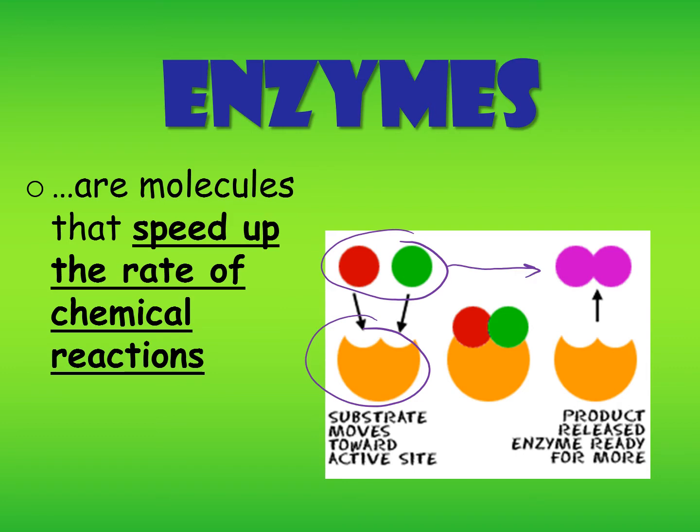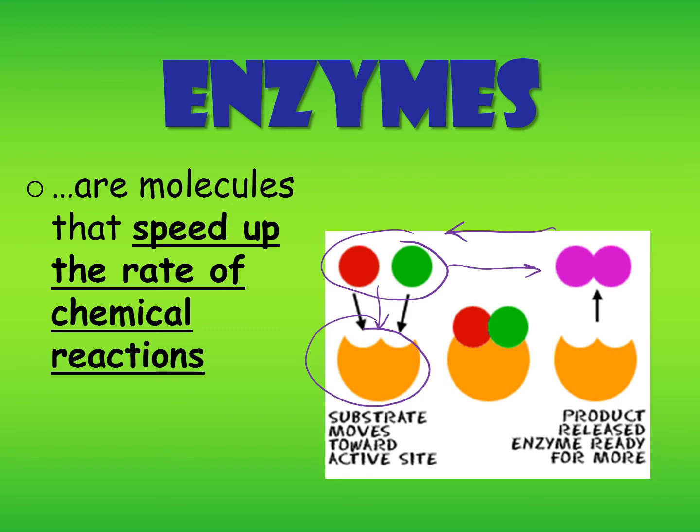So we have, for instance, two atoms getting joined together, but in digestion, really the reverse would be true. You have a molecule that's getting taken apart to make smaller molecules, but they work the same way. It's very specific. Only this atom or this molecule will fit into this enzyme's shape.